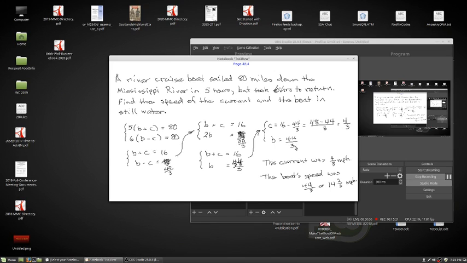And, well, let's see. 3 goes into 44, roughly 14 2/3, almost. So the boat's going about 15 miles an hour, and the current's about 1 mile per hour. 14 2/3, I already worked it out.